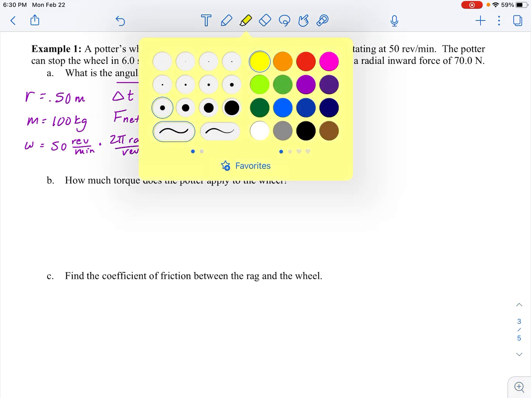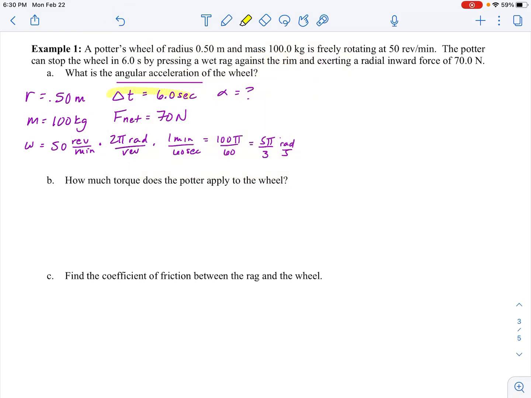So let's look at our kinematic information here. We've got time. We want acceleration. This is our initial angular velocity. And we know that the wheel's going to stop. So the final angular speed is 0.